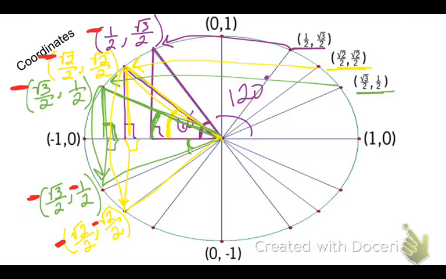Last but not least, reflect the purple triangle to land on the 240. So we have the similar coordinates, 1/2, comma, square root of 3 over 2. But again, we're in the third quadrant, negative, negative.